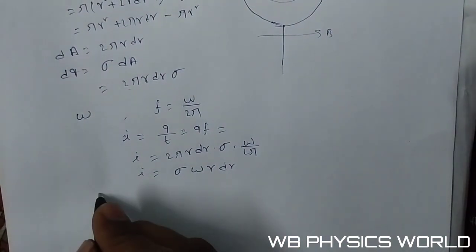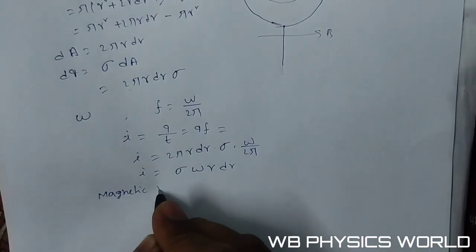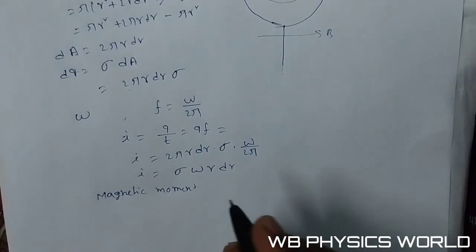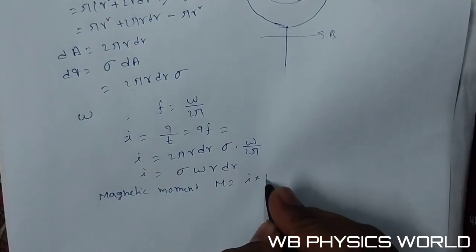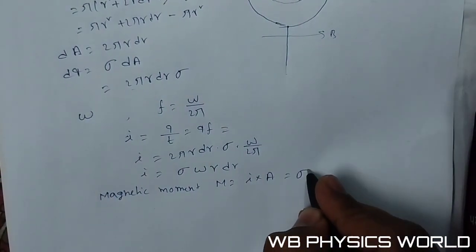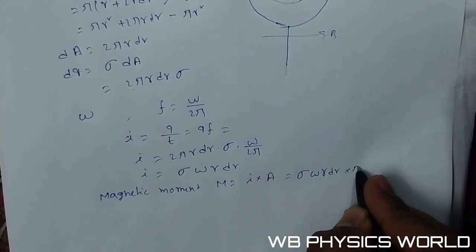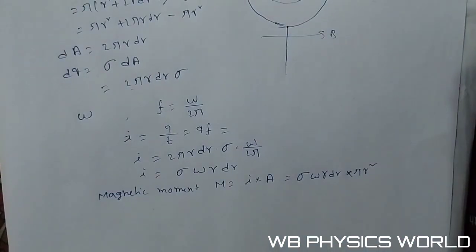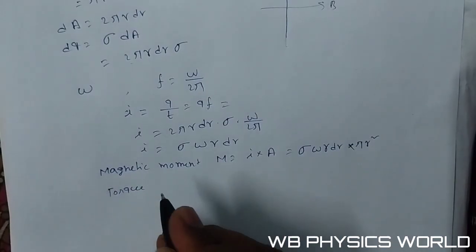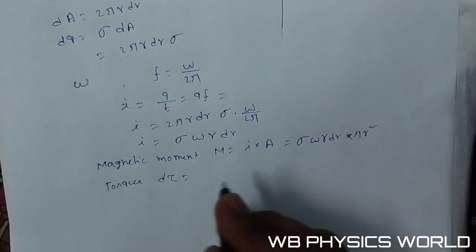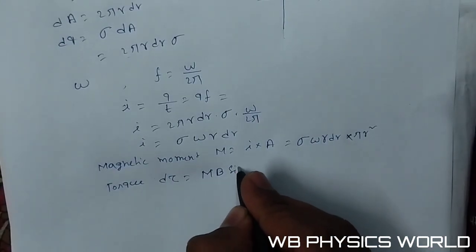So the magnetic moment m is I into A. Here I is sigma omega r dr and A is pi r square, and the torque d tau is m B sin theta.